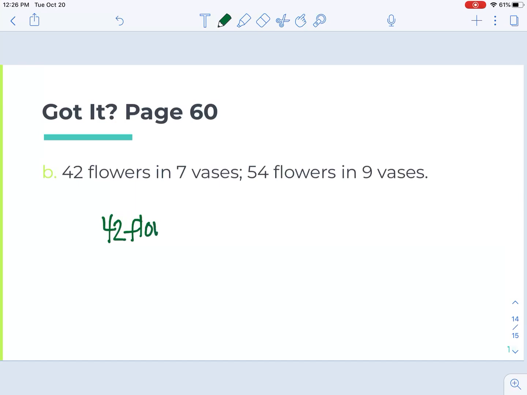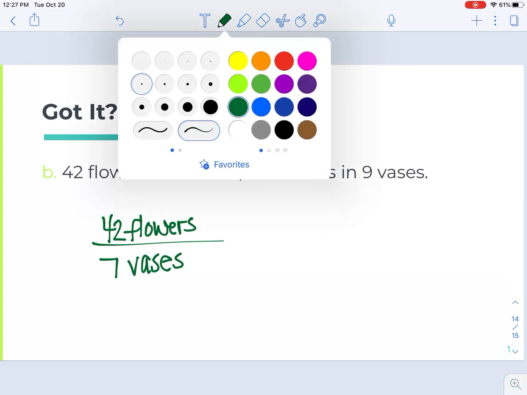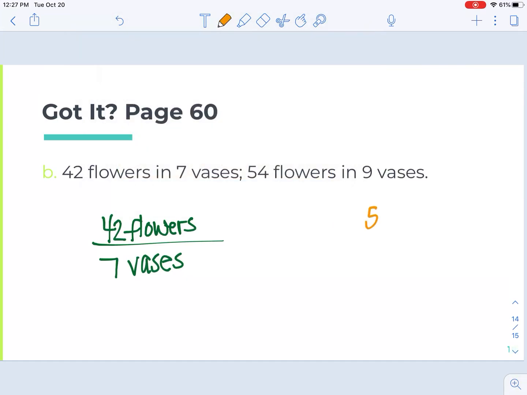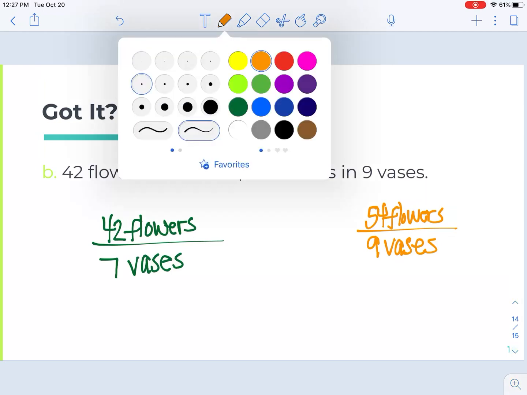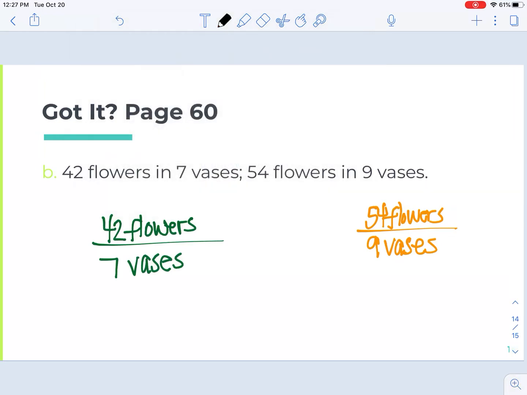42 flowers, 7 vases, 54 flowers, 9 vases. So some of you like to use the equivalent fraction strategy first.